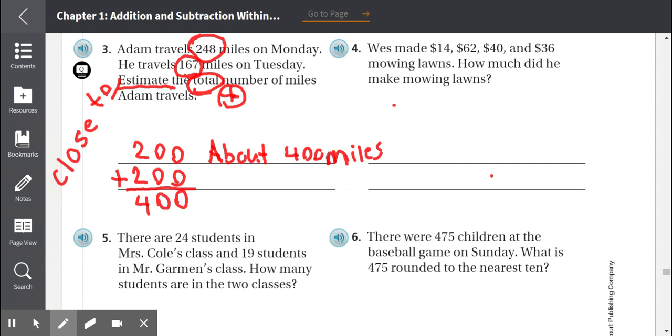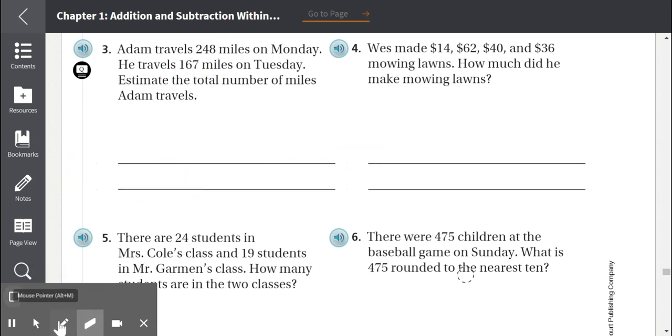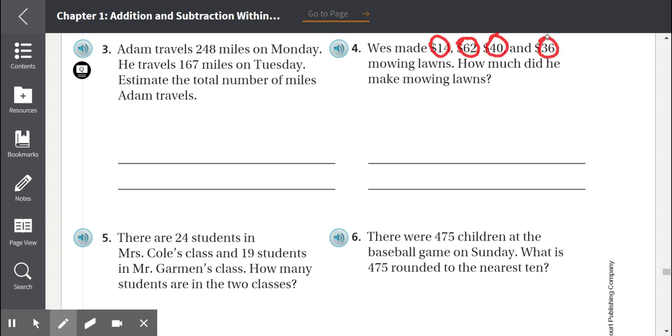Okay, number 4. Wes made $14, $62, $40, and $36 mowing lawns. How much did he make mowing lawns? So let's circle our important numbers: 14, 62, 40, and 36.